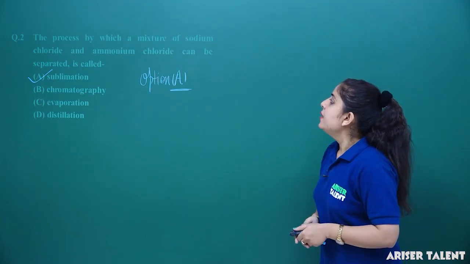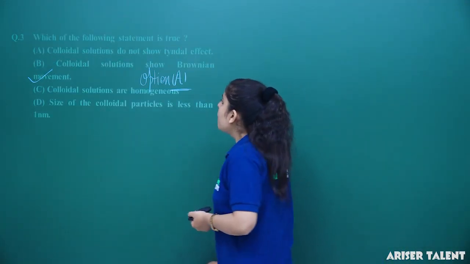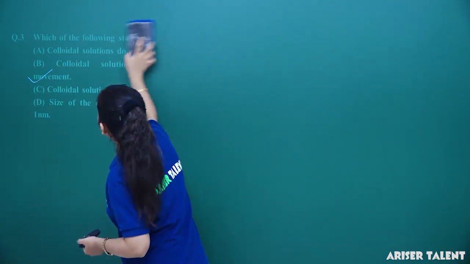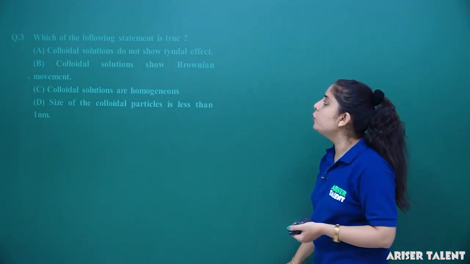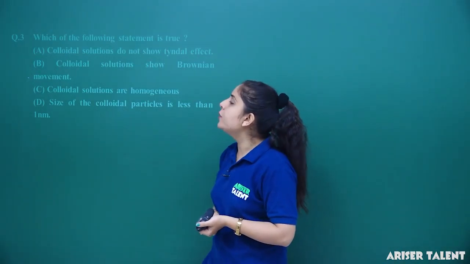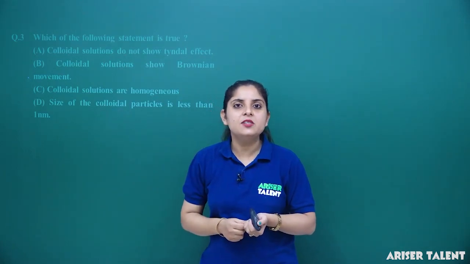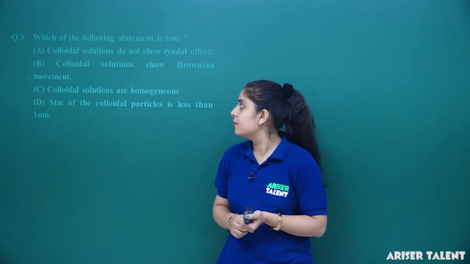Now let's see what the next question is saying. Which of the following statements is true? The options given to you belong to colloidal solutions. Colloidal solutions do not show the Tyndall effect. This statement is false, because colloidal particles have a tendency to show the Tyndall effect.